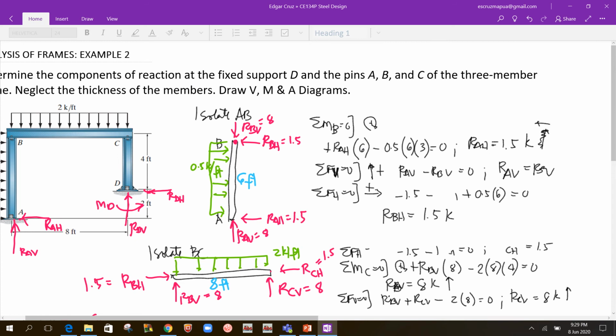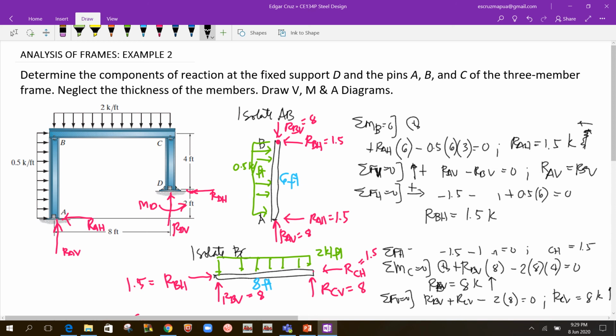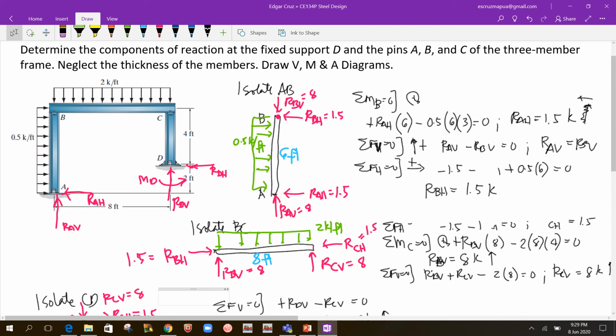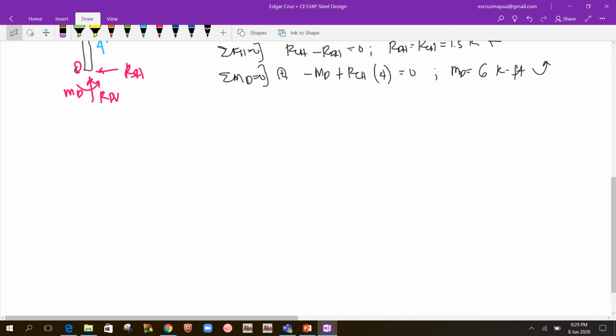How do we draw the diagrams? Let's start with AB. Let's have here the diagrams.